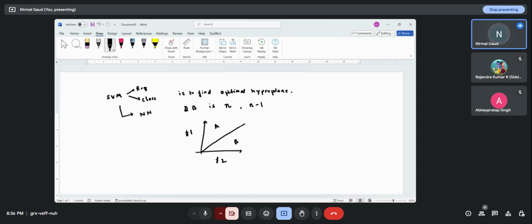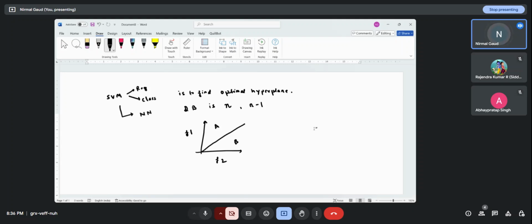Okay, so if your data is 2D, then I can separate it with the help of a line. If it is 3D, then I can divide it with a plane. So plane is 2D.